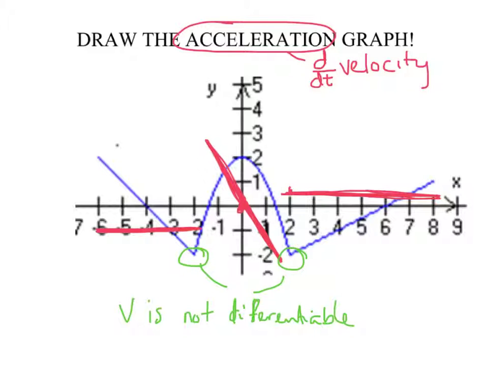The derivative shouldn't have jumps in it, but if it does, it just means we had a spot of non-differentiability. We would classify those as cusps. That's why you remember corners, cusps, vertical tangents, and discontinuities. Those are the spots where you won't be differentiable. But that's our derivative graph.